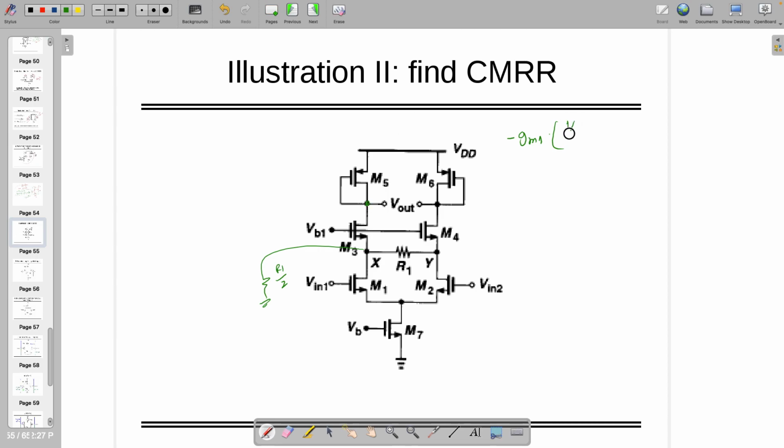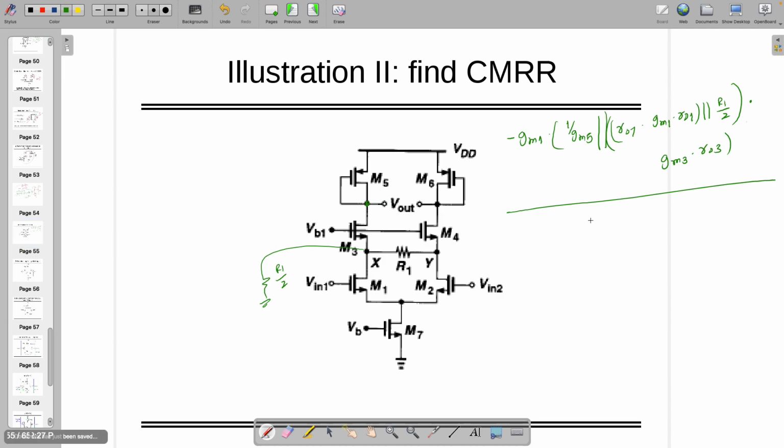So it will be 1 by GM5 in shunt with RO7 times GM1 RO1 in shunt with R1 by 2, in shunt with, sorry, multiplied by GM3 RO3, right? Divided by common mode gain, that's going to be, oh, I made a mistake, right?